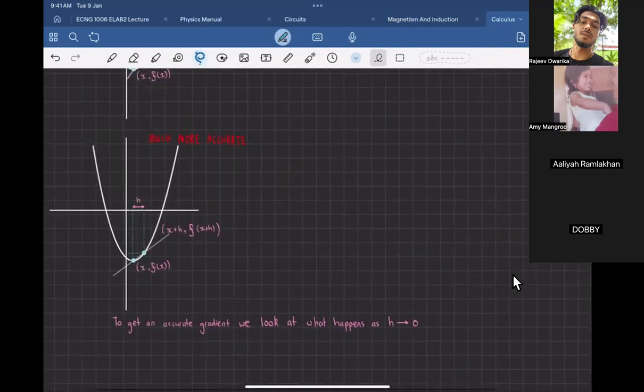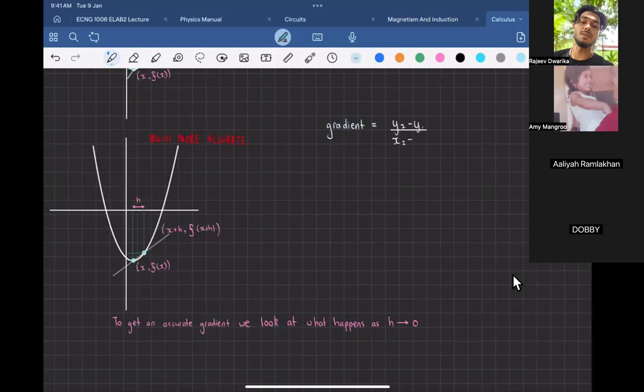So now we need to look at this as an equation. Okay, Aliyah, what is the general formula for gradient? You remember the formula for gradient? Yeah, y2 minus y1 over x2 minus x1.